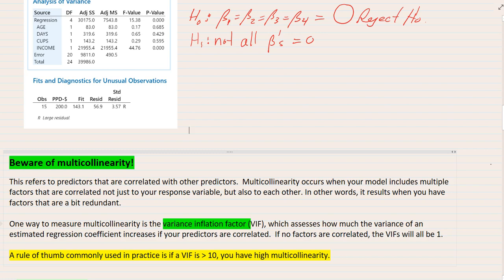If these variables are not correlated, then we would expect the VIF to be about 1. The magic number here is 10. If you have a VIF greater than 10, then you can call that there is multicollinearity between that variable and the other variables.